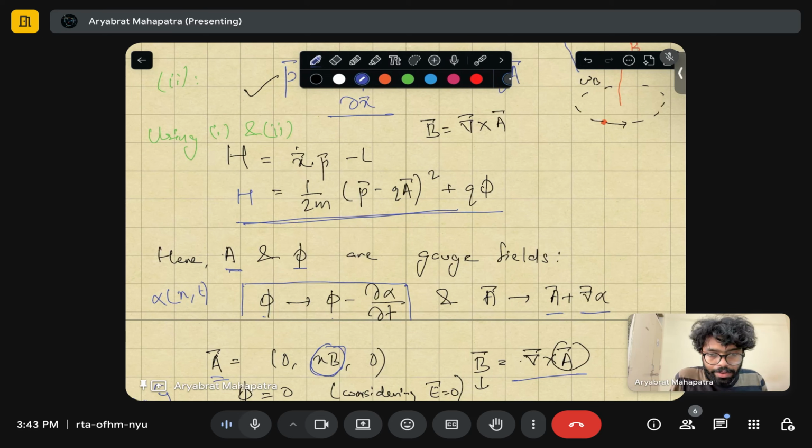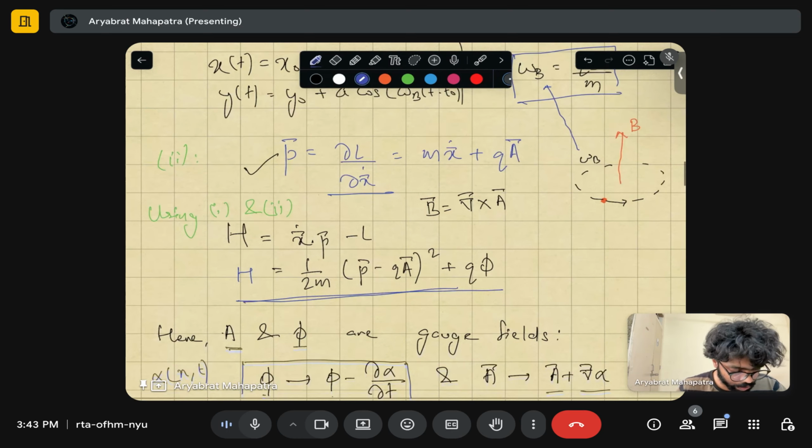your theory will be invariant, in the sense that your dynamics will still remain unchanged, or in other words, your Maxwell's equations will remain invariant.